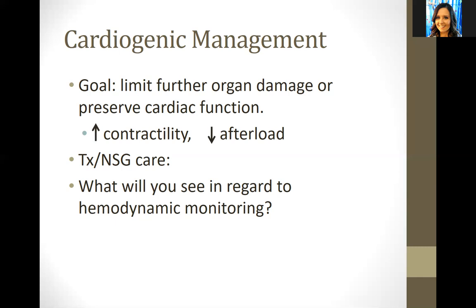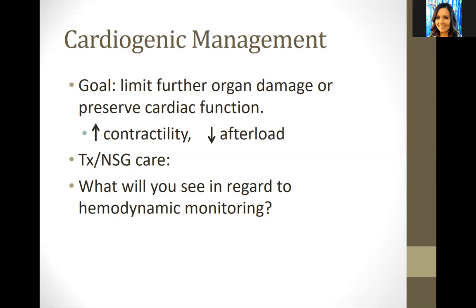So with cardiogenic shock, in terms of hemodynamic monitoring, you'll see low cardiac output, low stroke volume. Our CVP may be increased, and that's just because that heart can't pump the blood out, so it's backing up in the heart.